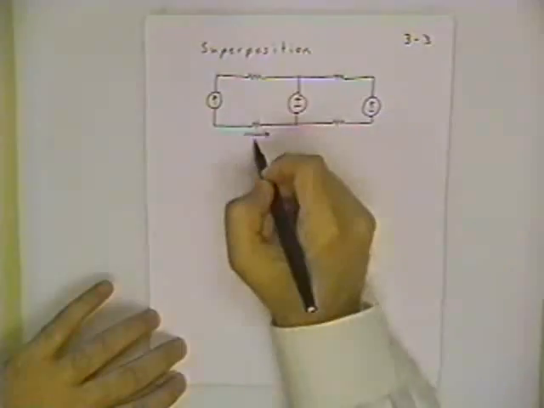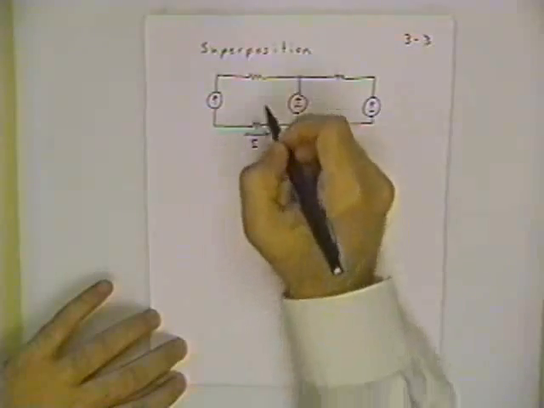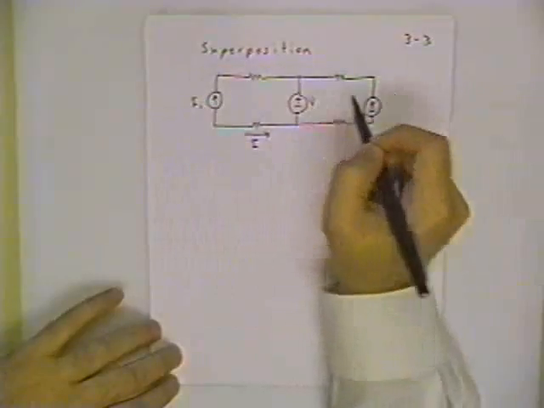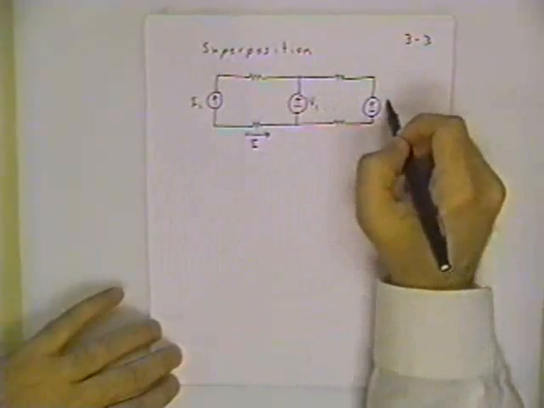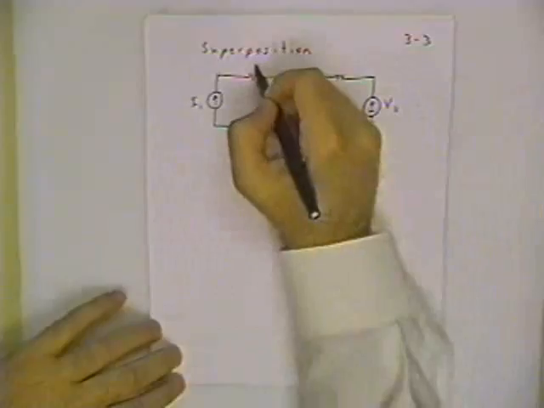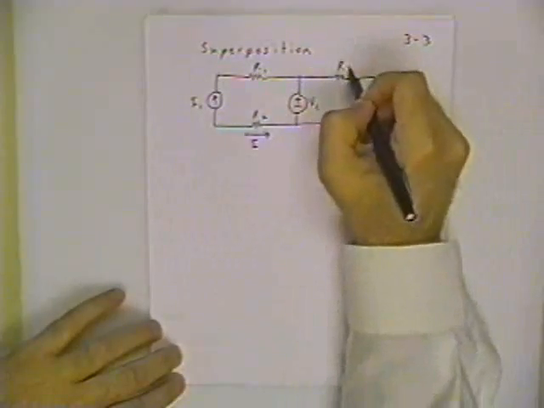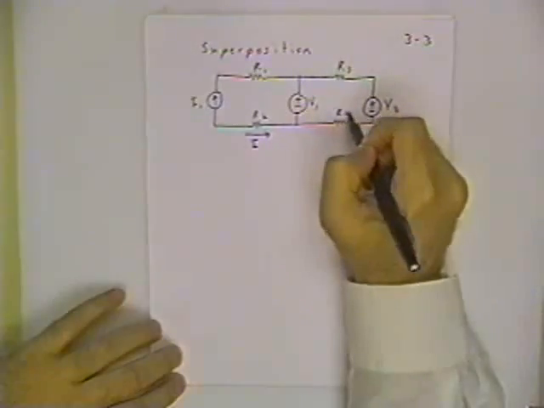Let's say this is the target of our calculation, to calculate that current. And this is the I1 source, and this is V1, and this is V2. Let's say all these resistors have numbers R1, R2, R3, and R4.